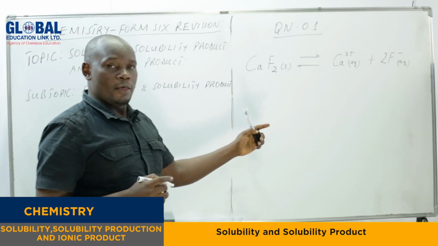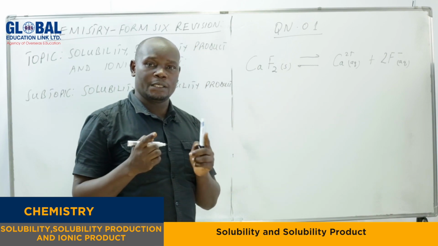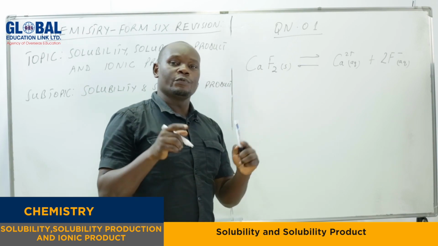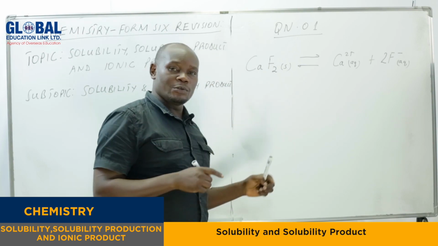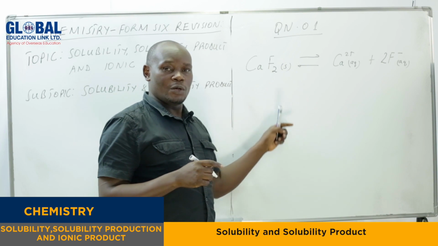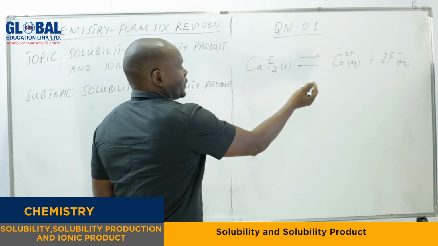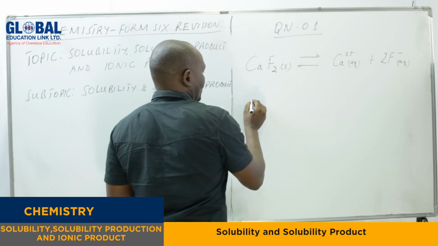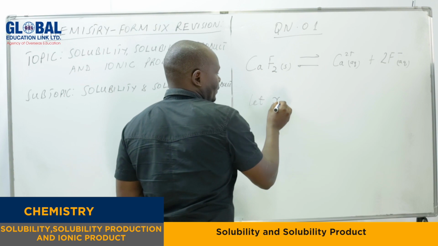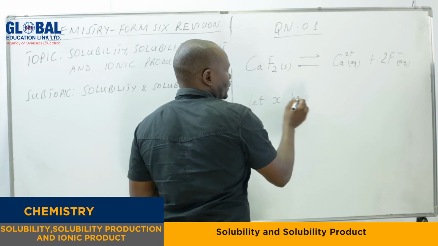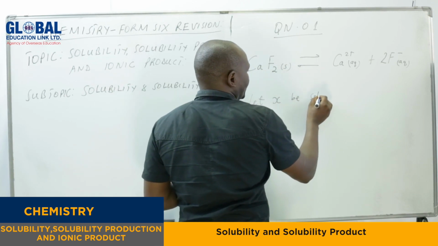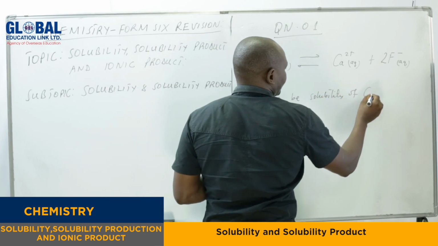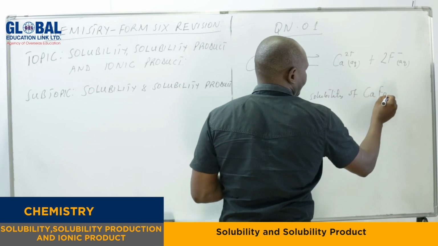From there now, you remember how we determine the Ksp? We said that Ksp is the product of the concentration of the ions of that sparingly soluble substance. So here, since we have calcium and fluorine, let X stand for the solubility of calcium fluoride.